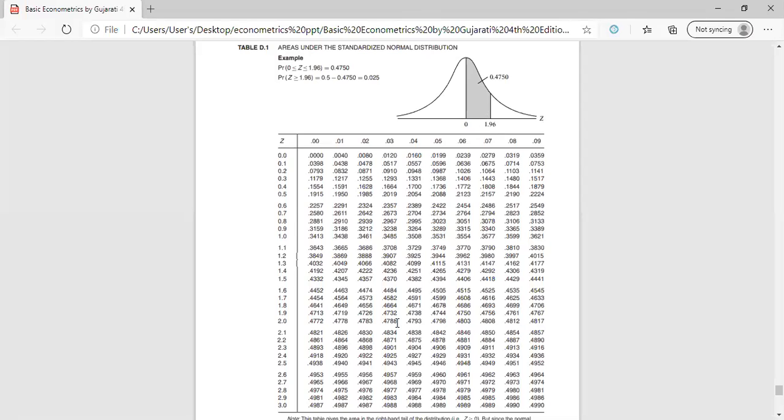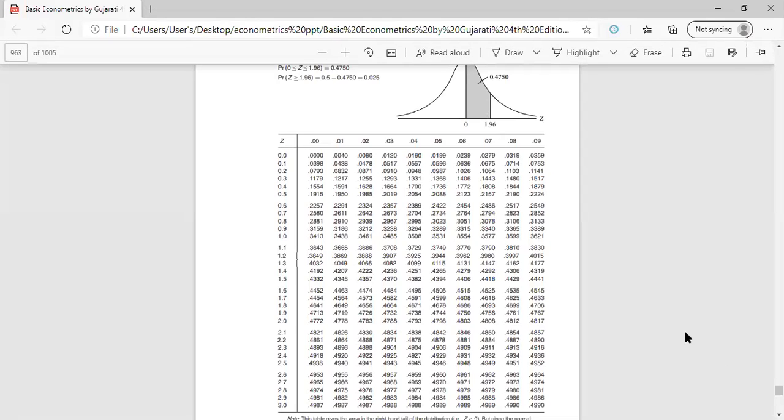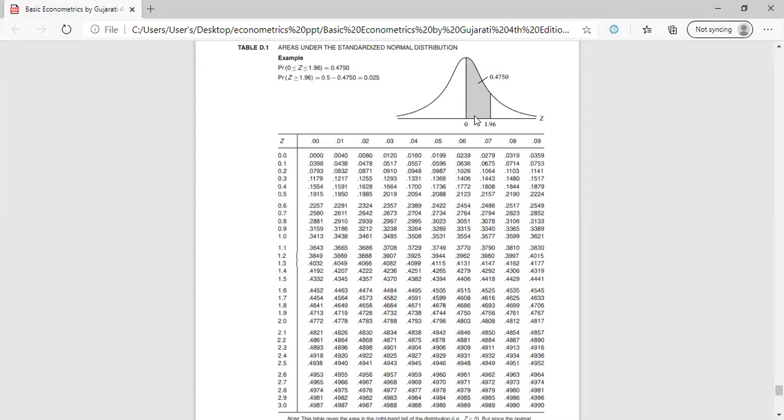Now, the area to the right is not given here. What is given is 0 to 1. You cannot find more than 1. So you find 0 to 1, and then you know that 0.5 minus that area would be what you are looking at.